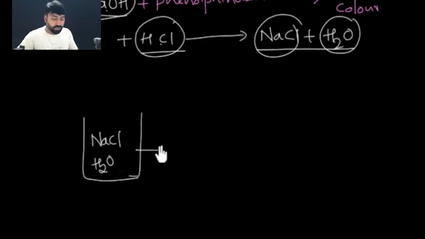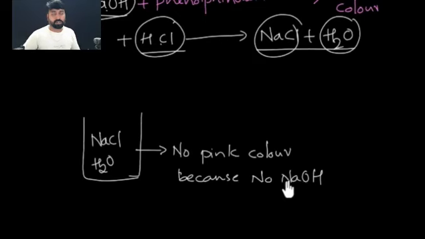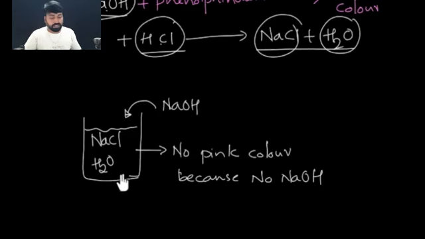So therefore there is no pink color. Hope you understood why there is no pink color. Because there is no NaOH, since phenolphthalein will give a color only in the presence of NaOH. But the second time, when you add some amount of NaOH to this solution, NaOH is present again, and because of that the pink color reappears.